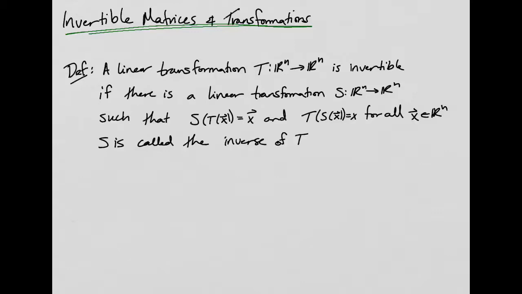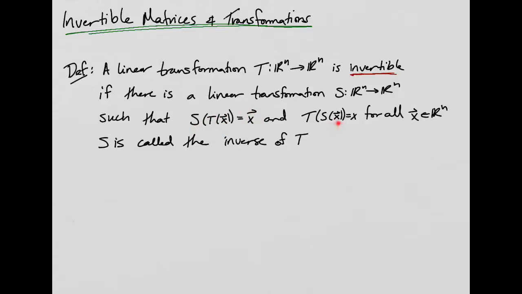So if we have a linear transformation from Rn to Rn, we say that it's invertible if we can find another linear transformation from Rn to Rn such that these conditions hold. If I take a vector and I plug it into T, and then I take the resulting vector and plug it into S, I get the original one back.